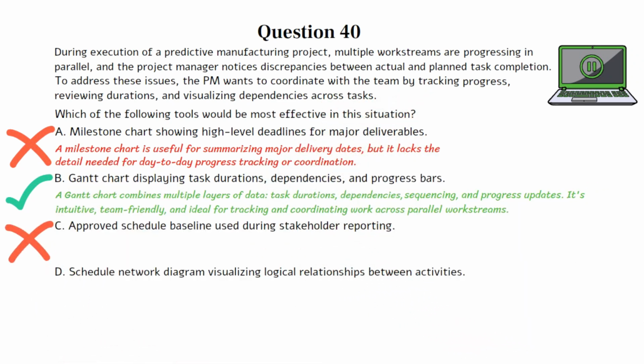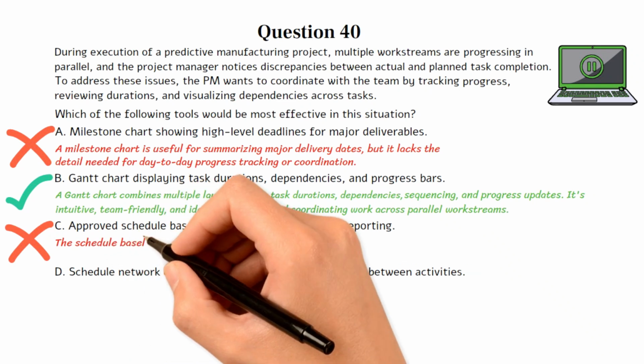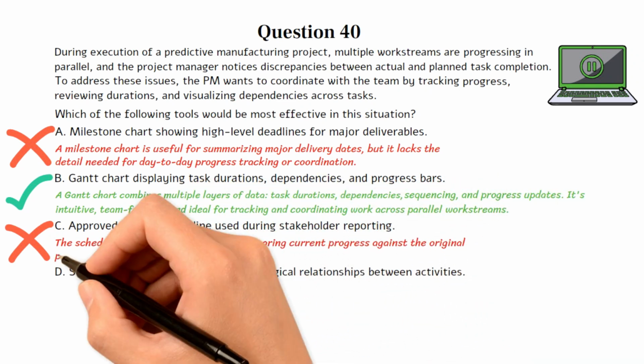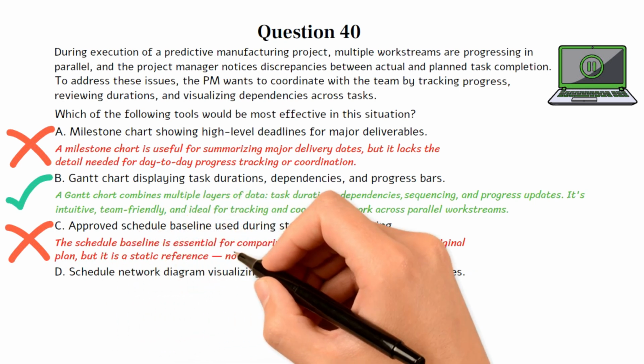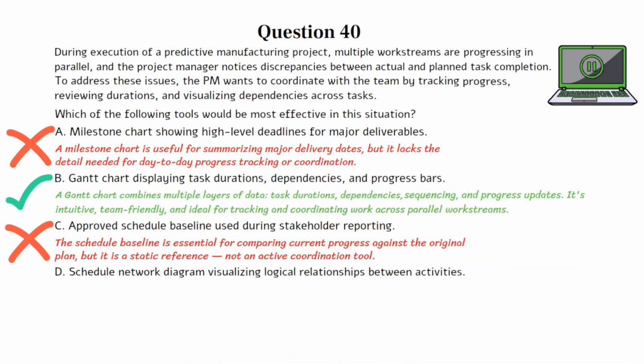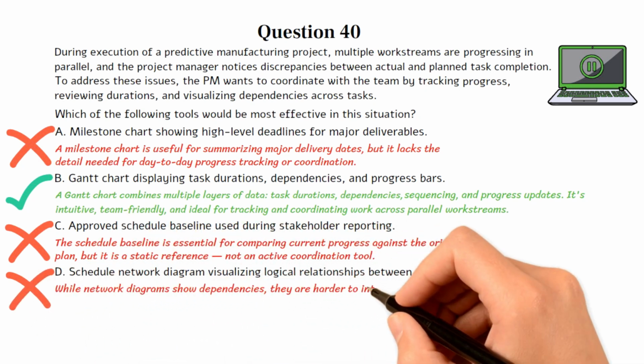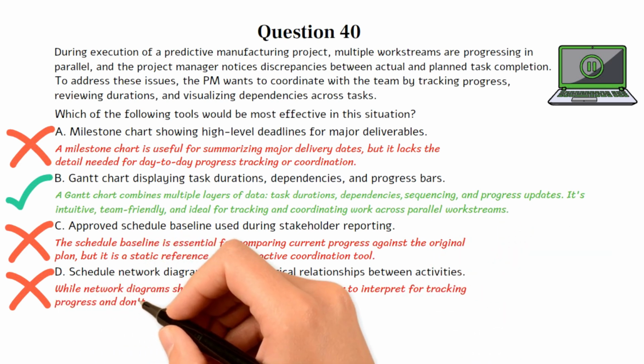Choice C is incorrect. The schedule baseline is essential for comparing current progress against the original plan, but it is a static reference, not an active coordination tool. Choice D is incorrect. While network diagrams show dependencies, they are harder to interpret for tracking progress and don't include durations or progress bars.